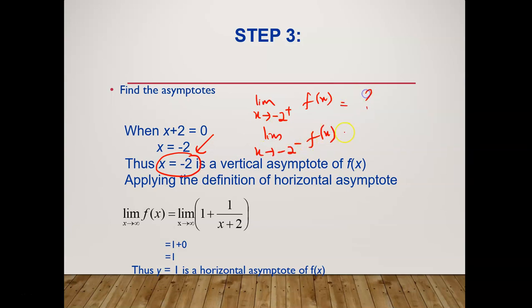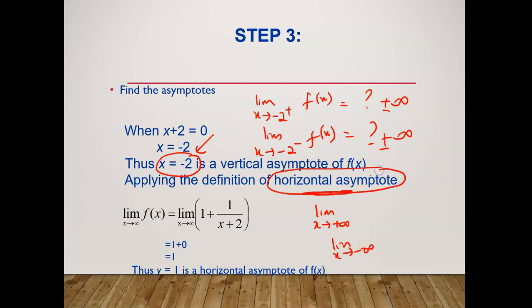Okay, so you need to see what happened to them. Is it approaching positive infinity or negative infinity? You have to check. Okay, and then applying the horizontal asymptote, this is limit as x approaching positive infinity or limit as x approaching negative infinity for that horizontal.